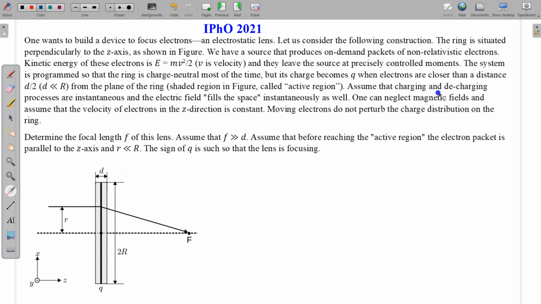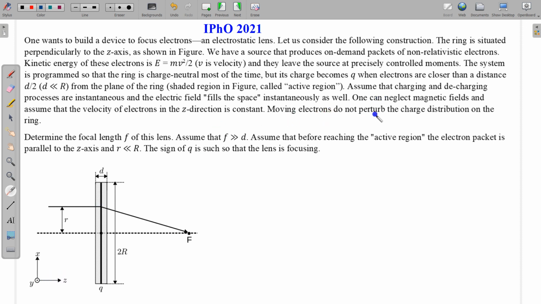Assume that the charging and decharging processes are instantaneous and the electric field fills the space instantaneously as well. So when this ring is charged, the electric field due to this ring is present everywhere in space as soon as it gets charged. For moving electrons, one can neglect the magnetic field and assume that the velocity of the electron in the z direction is constant.